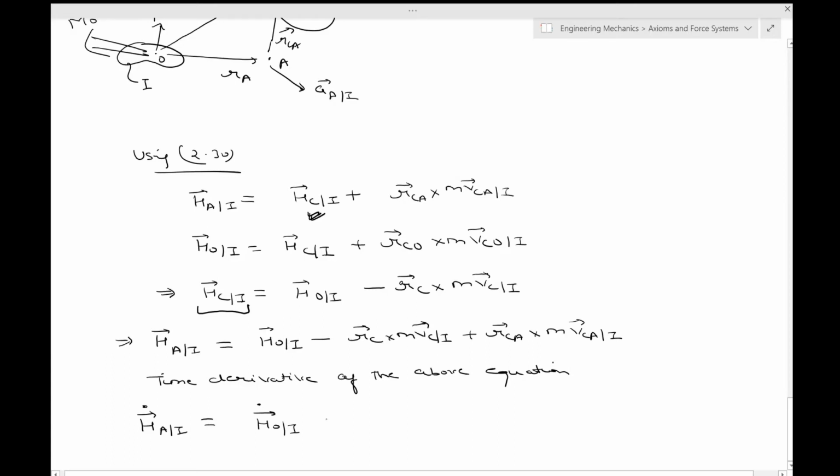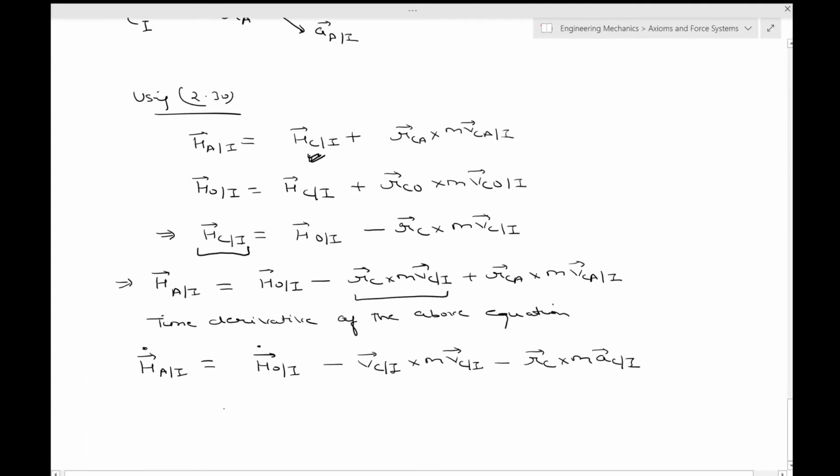Now there are two terms, so I'll have to apply the chain rule. So VC of I cross MVC of I, minus RC cross M AC with respect to I. So this term is now done.